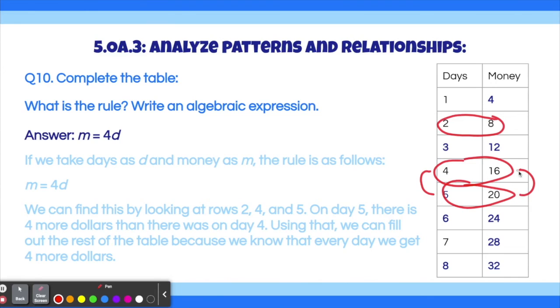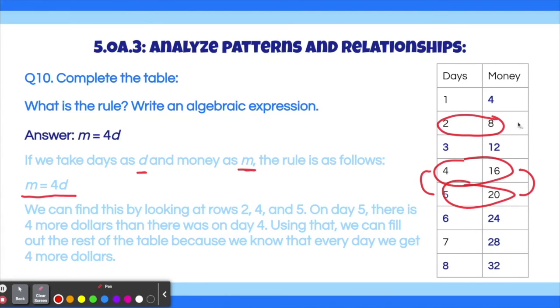So using this, we can figure out that every single time, the step will be increasing the amount of money by 4. So using that, we can figure out the rest of the values on the table just by adding or subtracting 4, right? And so if we take days as D and money as M, the rule will be as follows. M equals 4D.